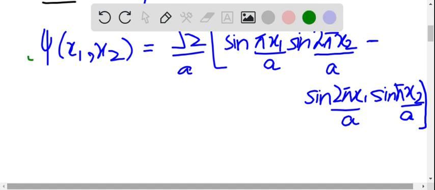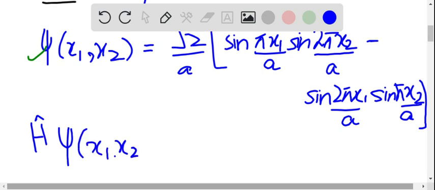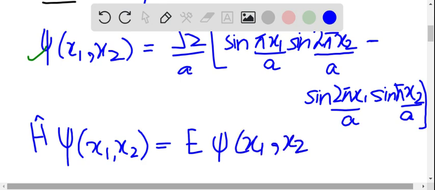So this equation would become Hψ(x1, x2) = Eψ(x1, x2).